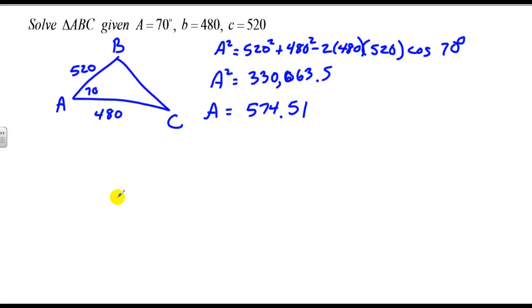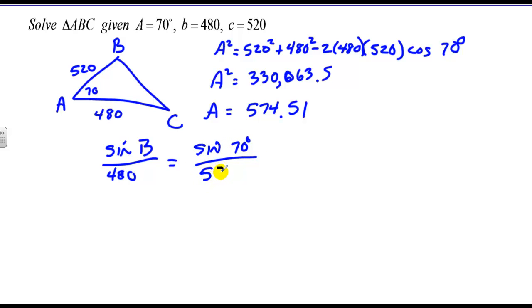If I want to find angle B, I'd say the sine of B over 480 is equal to the sine of 70 degrees over, we just calculated, 574.51.